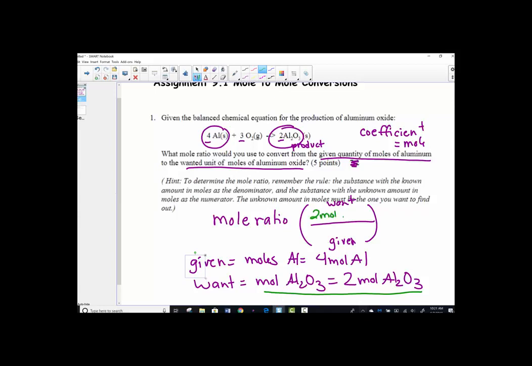It places itself on the top of our conversion factor. We're given moles of aluminum, and therefore the given quantity goes on the bottom. This is the mole ratio we need to report for question 1. Want over given, the coefficient ratio from the balanced equation. That's all we need to do for that first question. 5 points for writing that out.